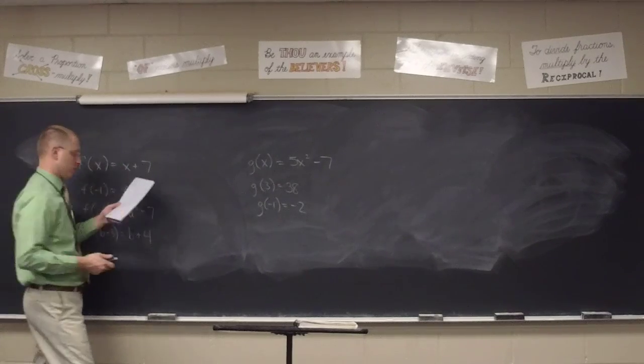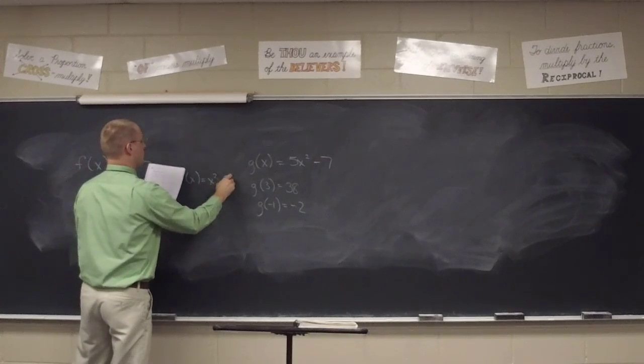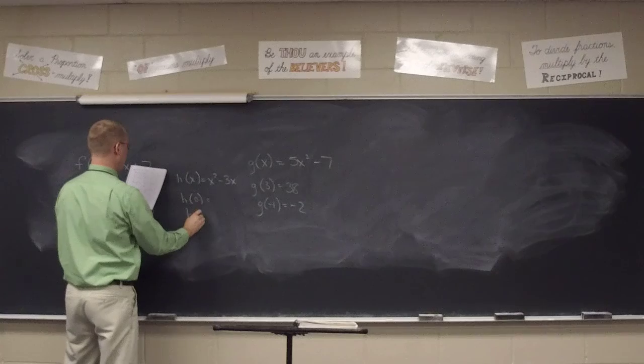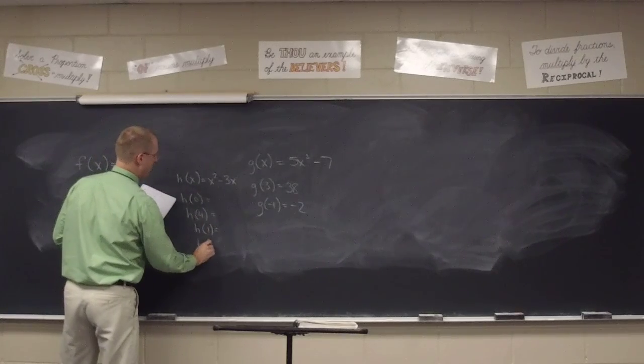Write this one down. H of x equals x squared minus 3x. I want you to find h of 0, h of 4, h of 1, and h of m cubed.